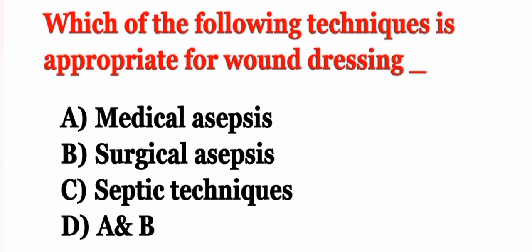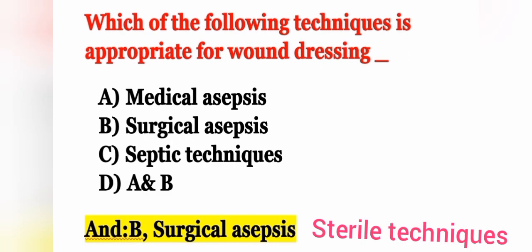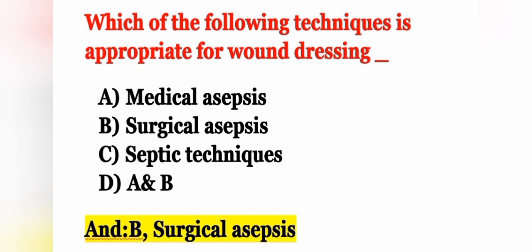Wound dressing is always done in a sterile technique, which helps to prevent the entry of both pathogenic and non-pathogenic organisms into the body. Sterile technique is also known as surgical asepsis. So the technique appropriate for wound dressing is surgical asepsis, or sterile technique.